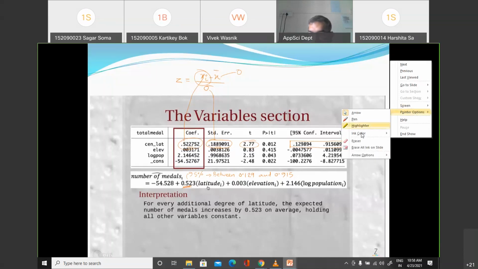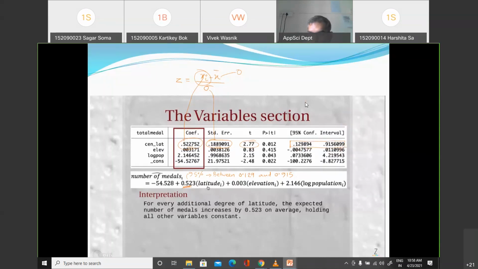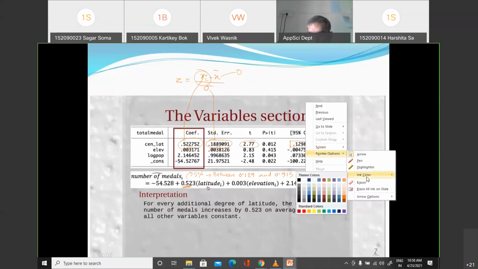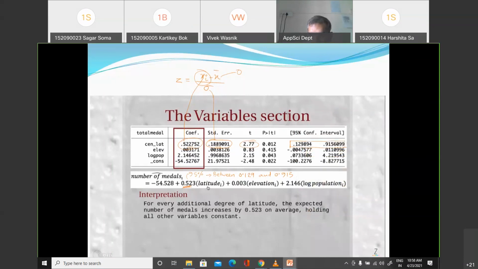Z value also you can make an arrow. What is Z value here? Yes, this is strange.